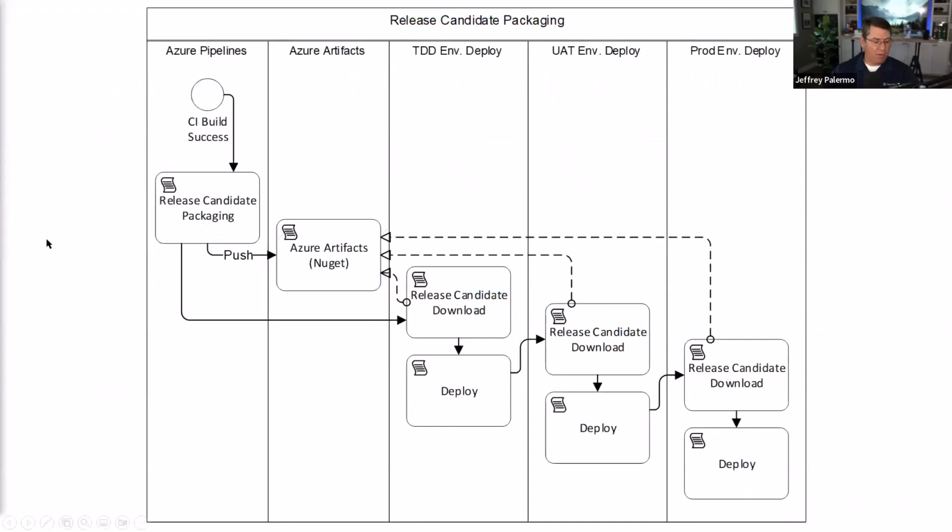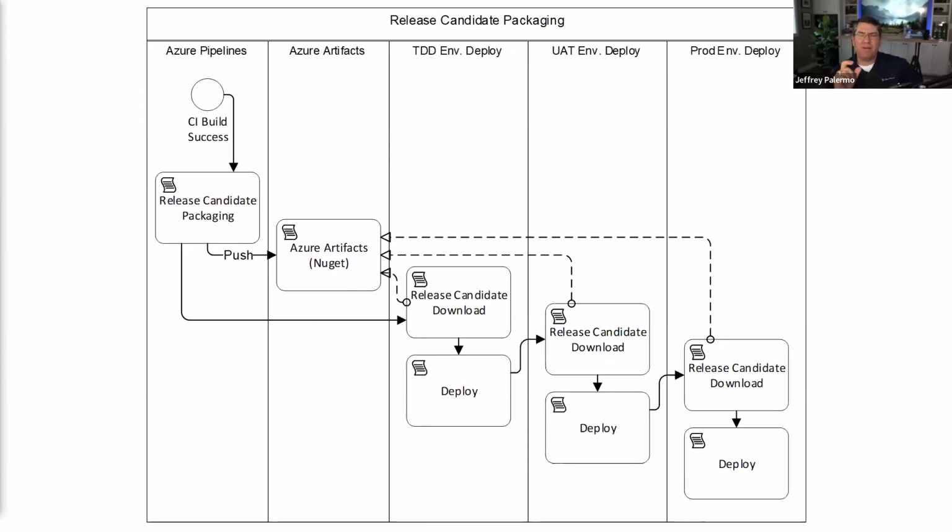Okay, now to close up iteration 0, when we're deploying, another really important part is that when we deploy to the TDD environment, to the UAT environment, to the production environment, we deploy the same release candidate, meaning we deploy the same set of versioned packages, okay?